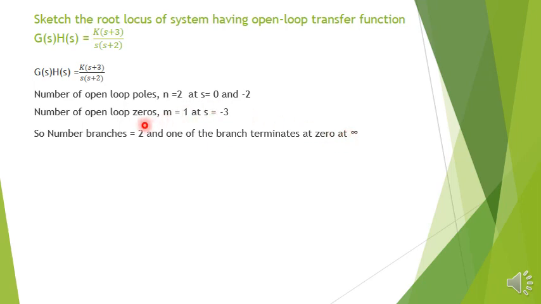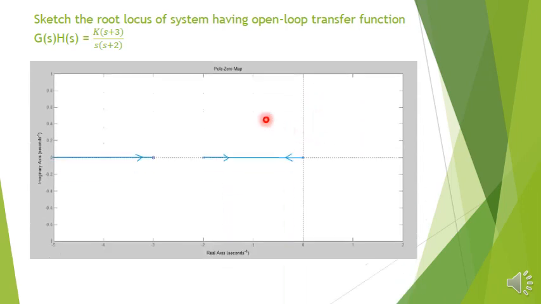So out of the 2 branches that start from these open loop poles, one branch terminates at this zero and the other branch terminates at zero at infinity. So if we plot the initial graph, this is the s plane, 2 poles s equal to 0, s equal to minus 2 and 1 zero at s equal to minus 3.